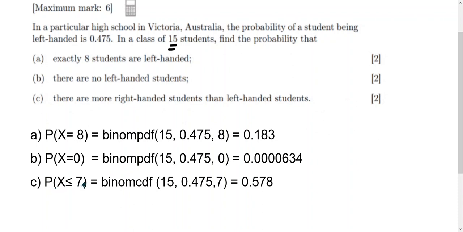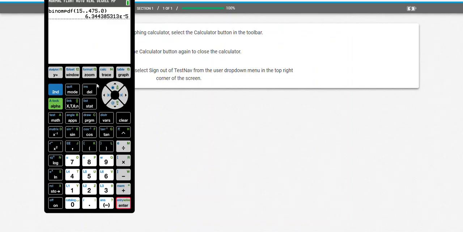Probability of X is less than or equal to 7. Because if we have 7 or fewer students, then it satisfies this condition. That means there would be 8 or more students who are right-handed. So now, because there is a less than or equal to sign, we will use binom CDF, right? The process is exactly the same. We just go to binom CDF instead.